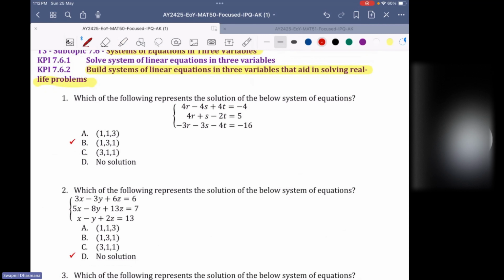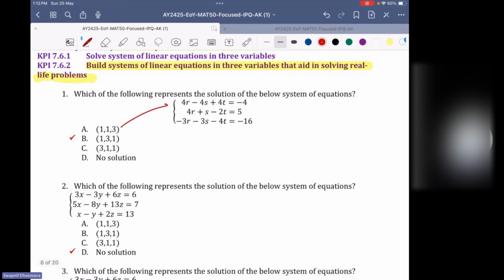Either you can substitute the values and check, for example, 4 times 1, 4 times 1, 4 times 3 equals negative 4. So this is 4 minus 4 plus 12 equals minus 4. So this is going to be 12 equals minus 4, which is wrong, which means this answer is wrong.